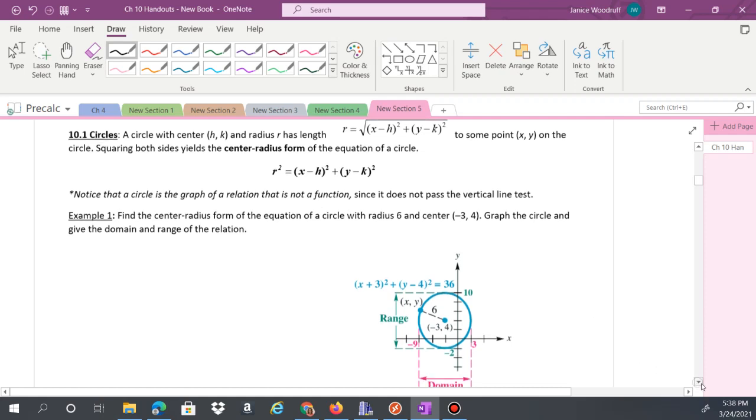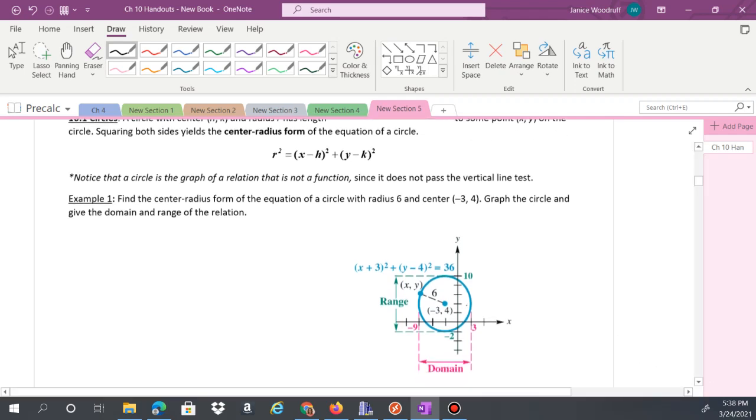Let's just take a look at this example here. So we have: find the center-radius form of an equation of a circle with a radius of 6 and a center (-3, 4), graph, and give the domain. It's already graphed for us, and the equation is there, but we'll go through and do this. So you're going to go x minus h, and that h is going to be this x value here of the center.